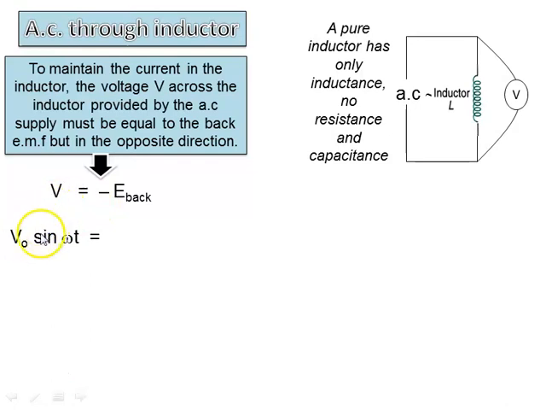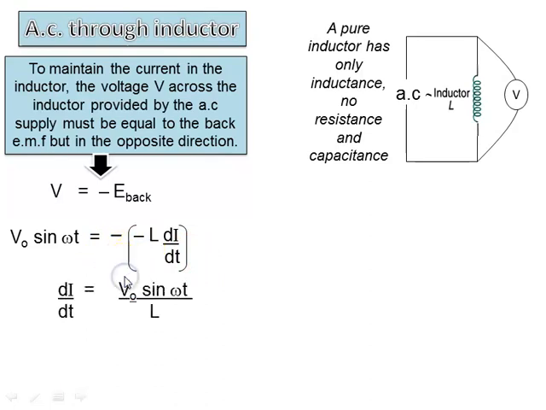V for alternating current is V naught sine omega t, and back EMF is equal to negative L di by dt. So the negatives cancel out, and di by dt equals V naught sine omega t per L. So di equals V naught sine omega t per L times dt.